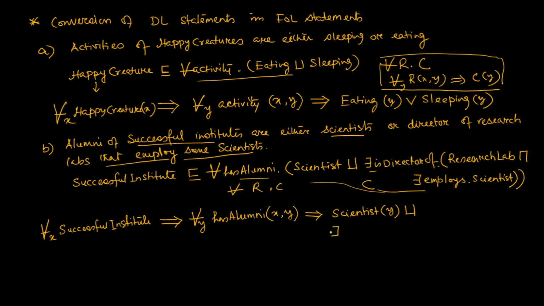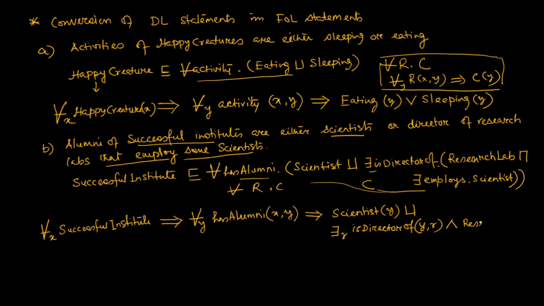So there exists a research lab R where Y is a director of R, right? Is director of Y,R, right? And at the same time, R should be a research lab.